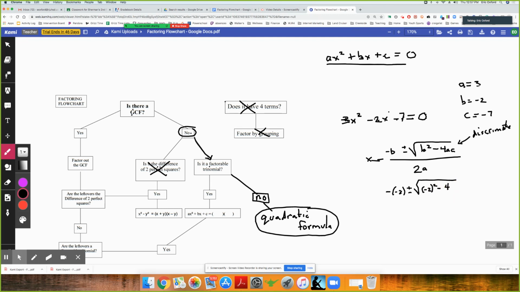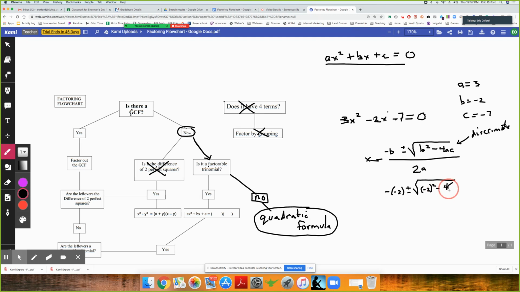My a is 3, so 4 times 3. And my c here is -7. And all of this is over 2 times a. So 2, and then my a is 3. Then I'm going to follow the order of operations on this.